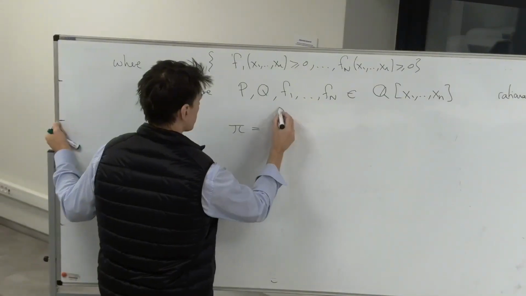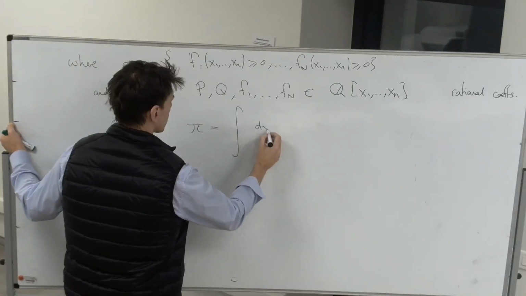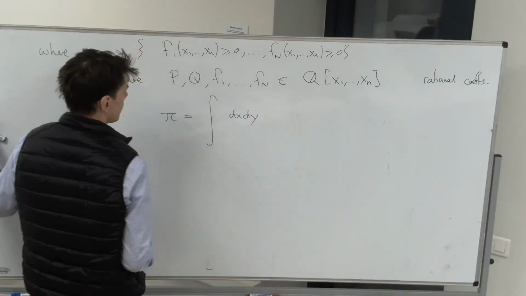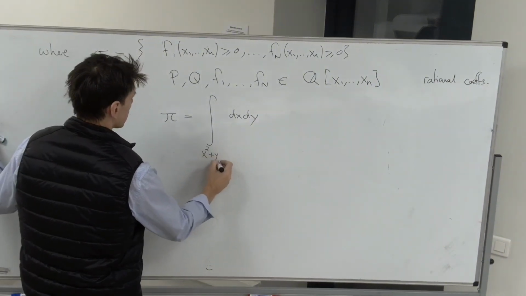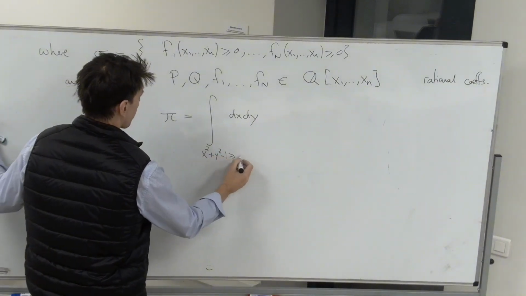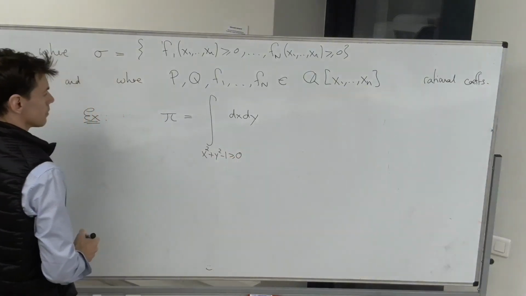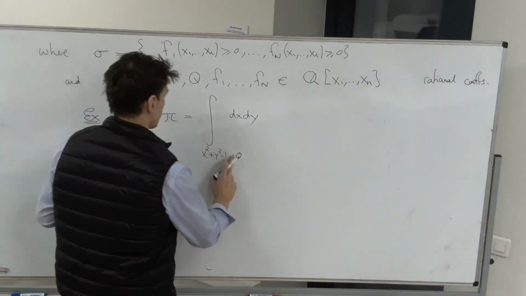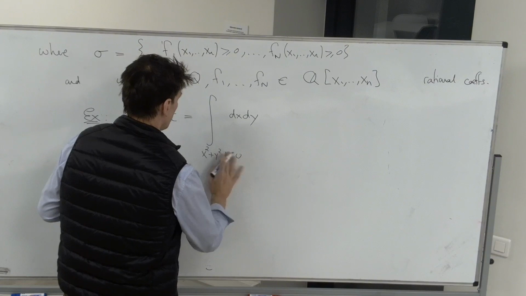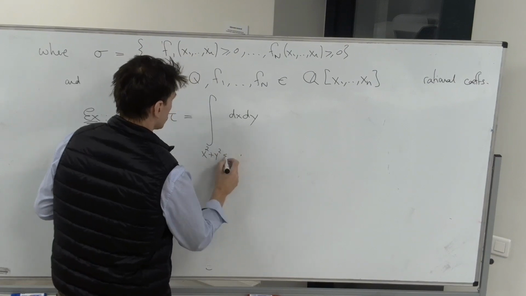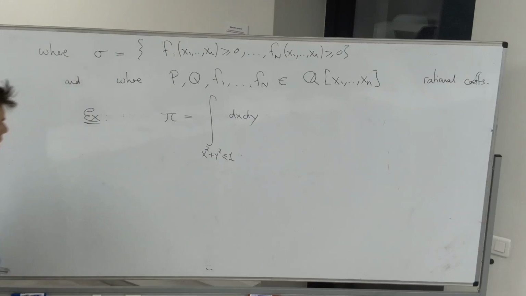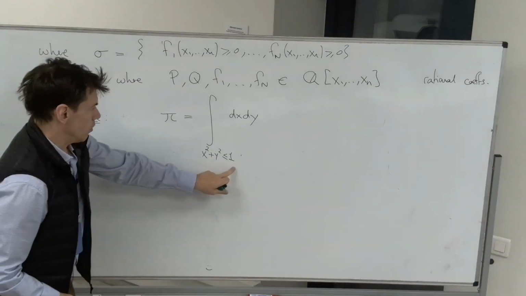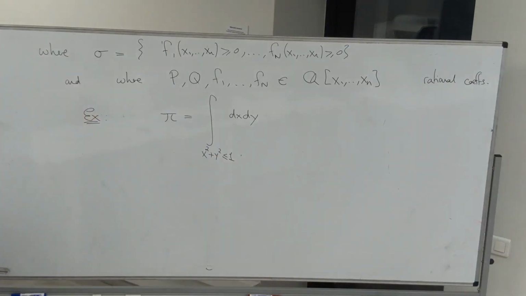So pi can be written as the area of the unit circle. Well, let me write it this way. X squared plus y squared is less than or equal to 1. Clearly that's of this form. It's 1 minus x squared minus y squared is positive. So that's a period.